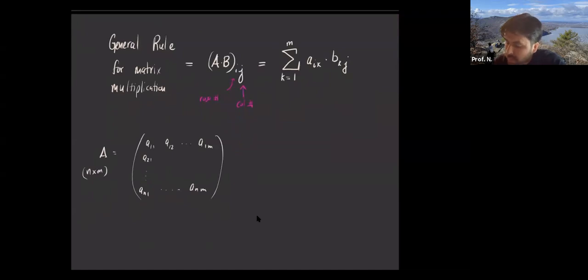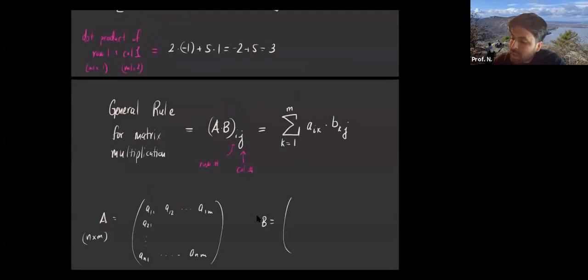When you multiply this by B, what's B going to be? There's a huge condition in order for matrix multiplication to actually be possible. Remember when we added or subtracted matrices, the condition was that the sizes of both matrices have to be exactly the same.